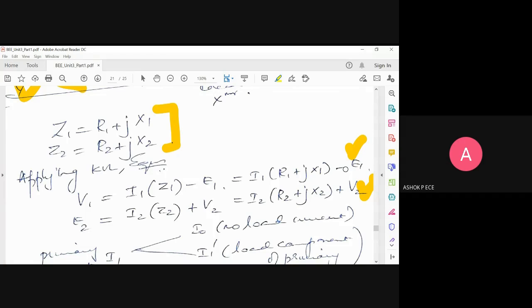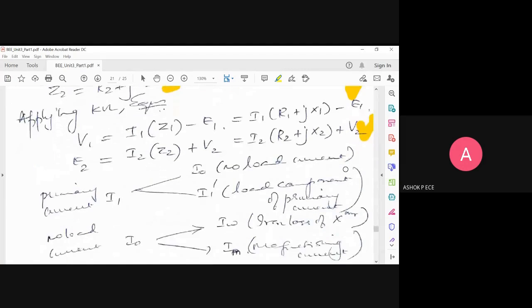And I didn't consider I1 dash here because I am assuming that the no load components are 0. So whatever current flows from the primary will flow through the winding also. So I'm going to use only one current I1 in the primary. And the same for the secondary, no issues, because only one current I2 is going to be there.